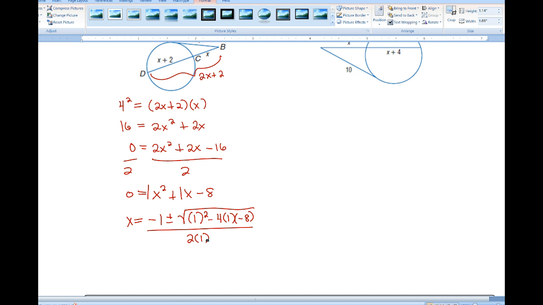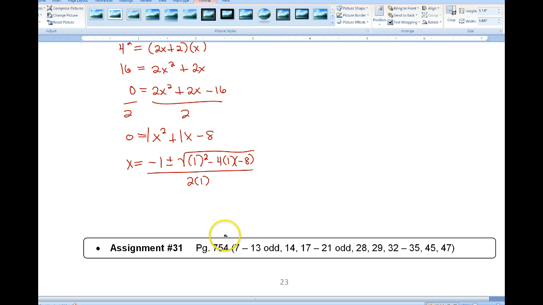A, B, C. So negative b. So x is equal to negative 1 plus or minus. Now this will give us a positive 32 here. So when we add 1, we get 33 under the square root.